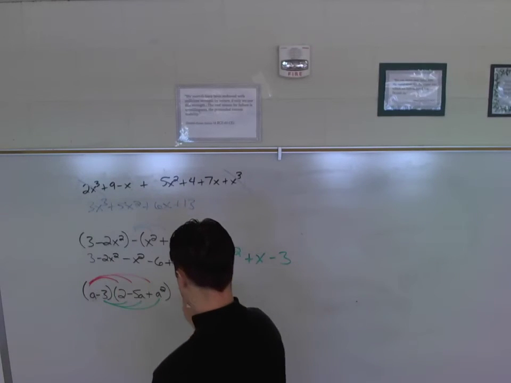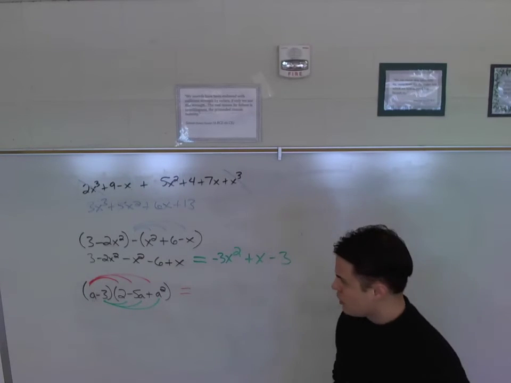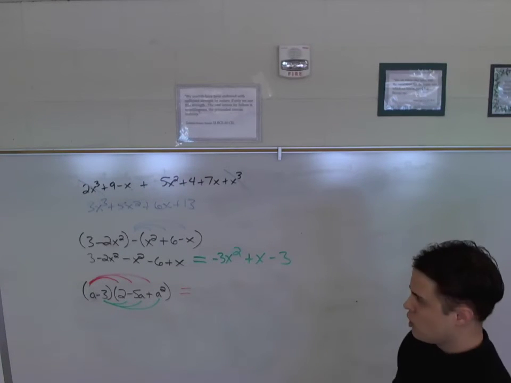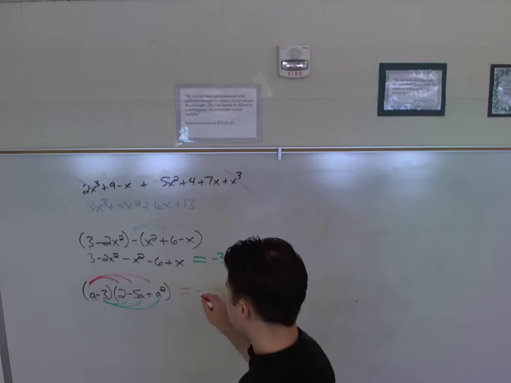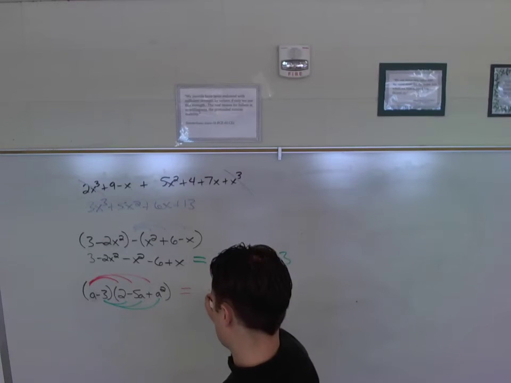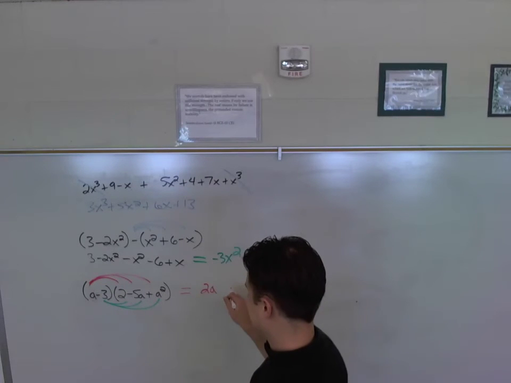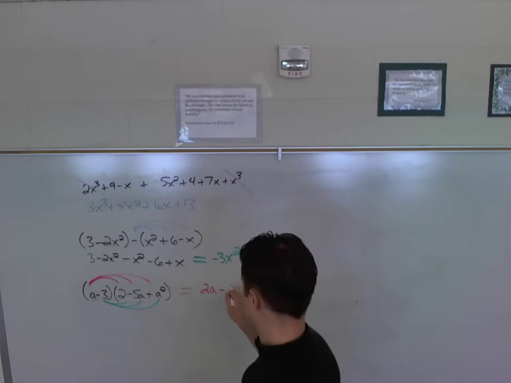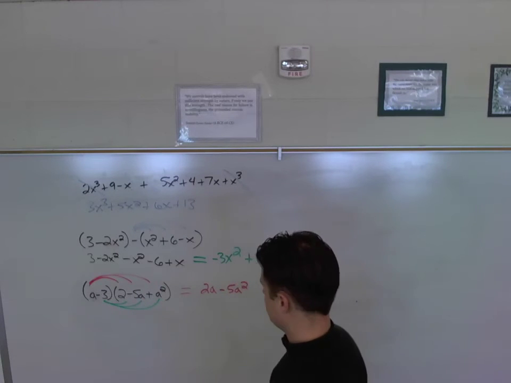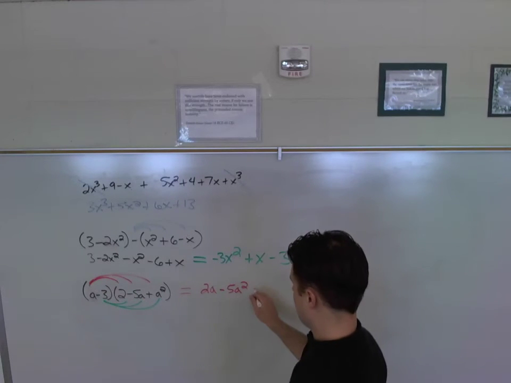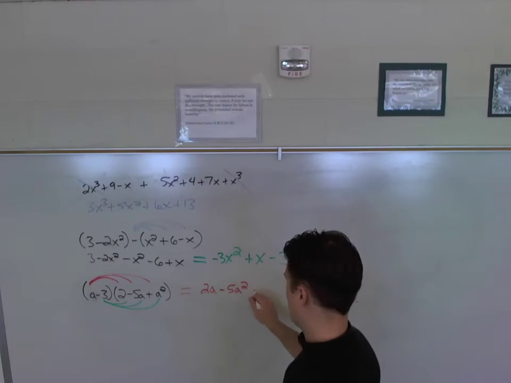So let's keep this in colors. So the red ones, what are we going to have? I want some other people answering. Anna, you tell me. Negative 5a squared, 2a cubed. A cubed.